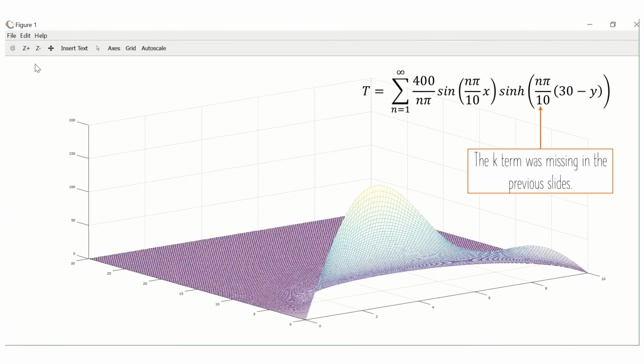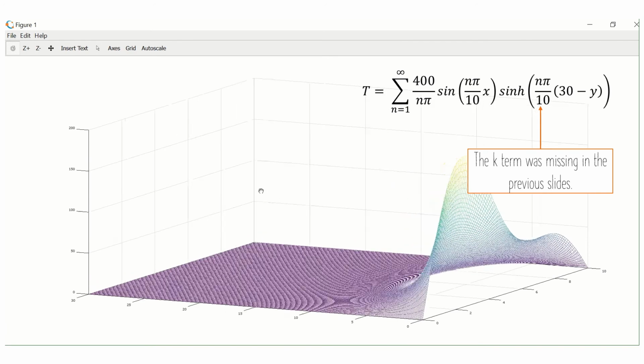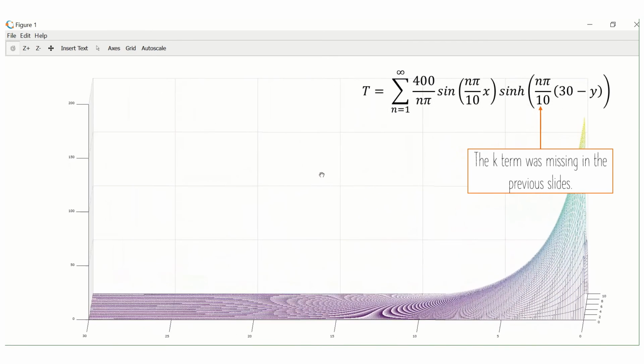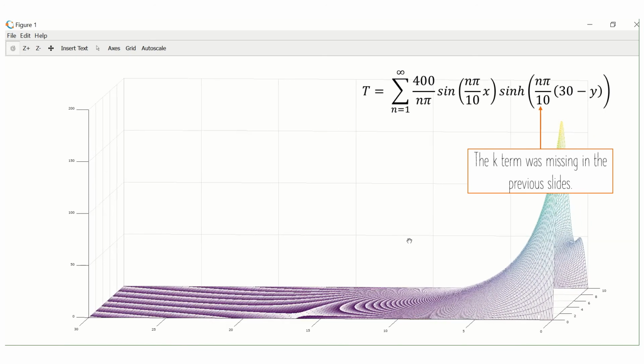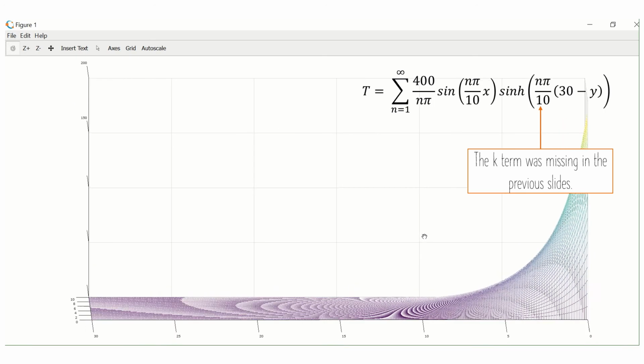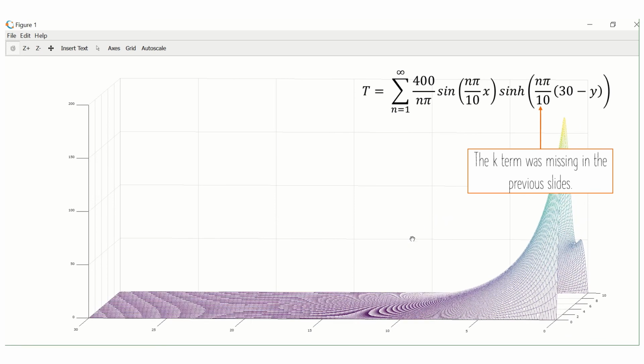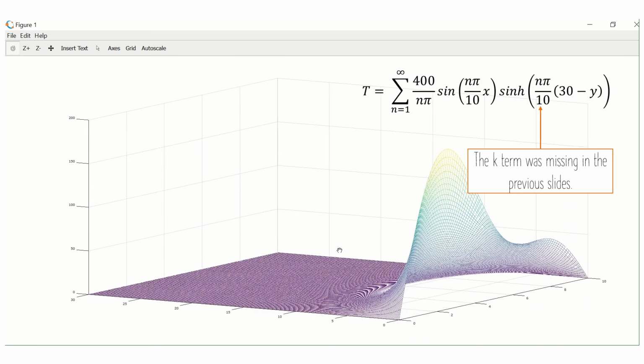So here you see, this plot is exactly the same as what you have seen in the first video. So it looks exactly the same, but now what about the temperature at the specific point?